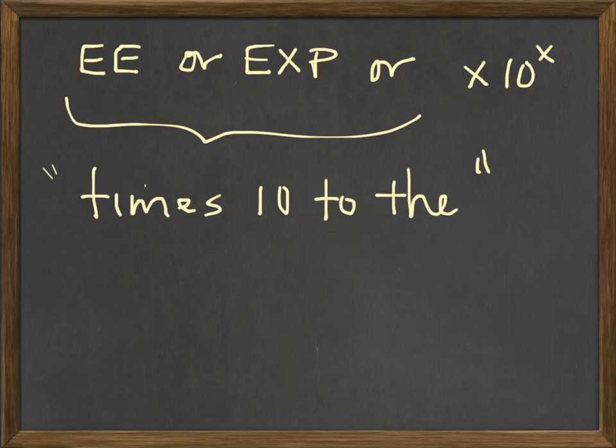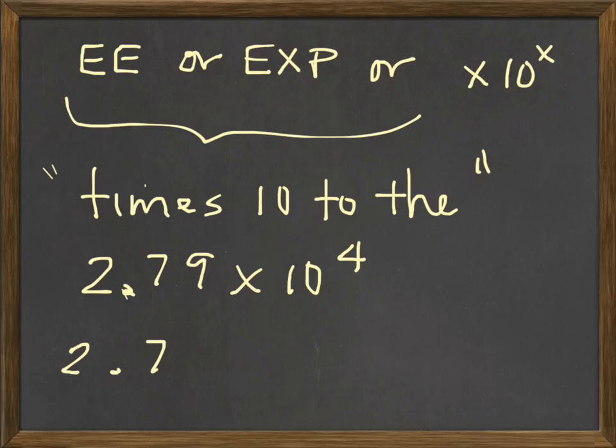So if you're doing a number like this, 2.79 times 10 to the 4th power. When you enter that into your calculator, these are the keystrokes you're going to use. You're going to press 2 and the decimal point and the 7 and the 9, and then you're going to press that EE button, and you're going to say to yourself times 10 to the, and then 4.